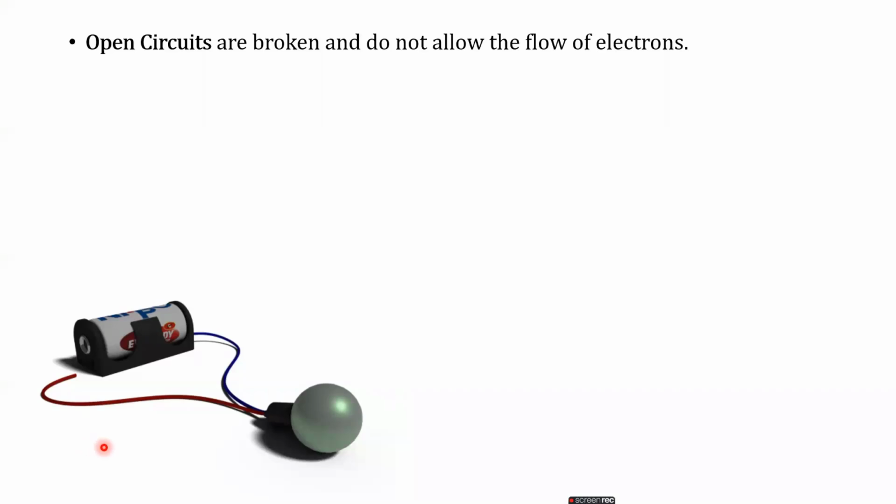The voltage source is there, the load is there, the load bulb, or you can say a resistor, and the connecting wire. But one terminal is not connected to the battery, so there is no chance for the electrons to flow from one terminal to the other. If this is the case, we can say that it is an open circuit.